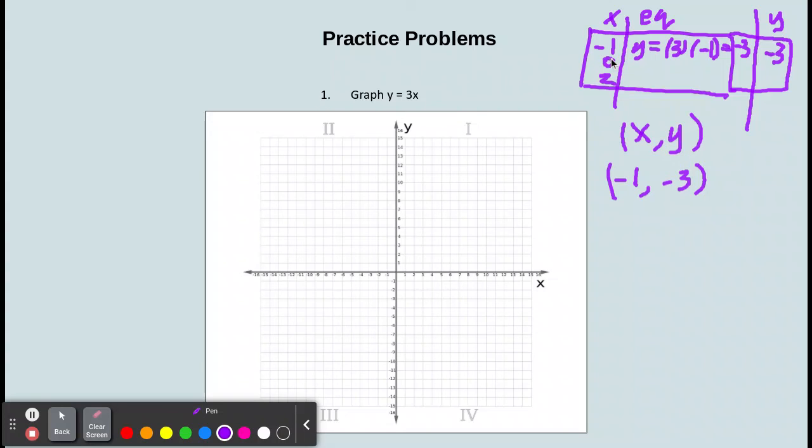So you can repeat that for several other values of x. You can do more than just 3, but that would put us at negative 1, negative 3. So that first point that I had is there. So once you graph or plot out the rest of these ordered pairs that you create, you will come up with a line.